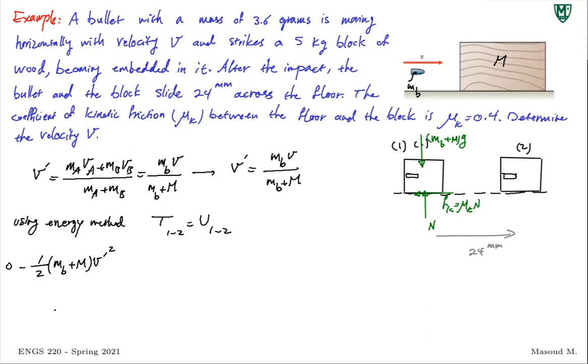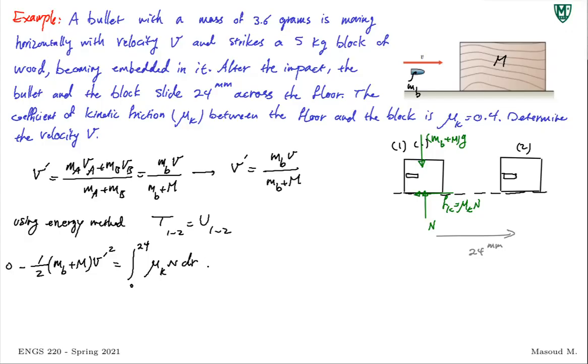Final velocity is 0. Everything stops. Initial velocity, we don't know. That's the velocity immediately after the impact, and it is equal to the work done by friction. Right? So we can just go from 0 to 24 millimeters of Fk, mu k N dr.